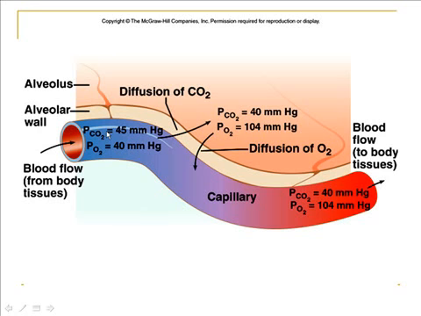So as you can see, and don't worry about these numbers so much, but just know that everything moves from high to low. So our blood coming back to the lungs is getting refreshed, so it's going to be a high concentration of carbon dioxide versus what we have in the lung, and vice versa. Our oxygen will be high, and it'll want to come into the capillary because it's low.